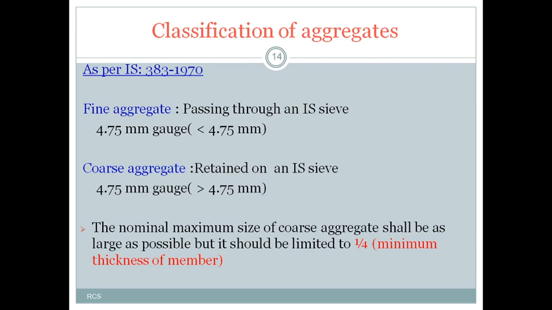The nominal maximum size of the coarse aggregate shall be as large as possible, but it should be limited to one-fourth of the thickness of the thinner member, that is, the minimum thickness of the member.